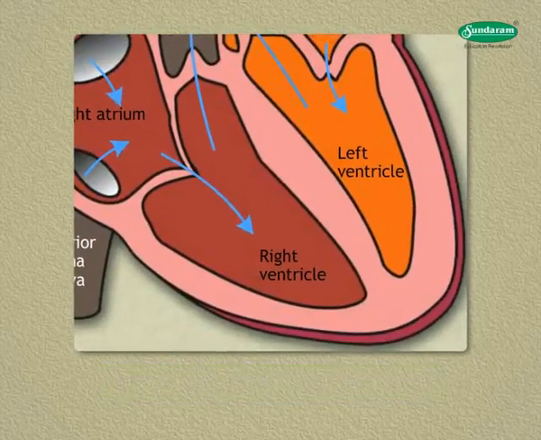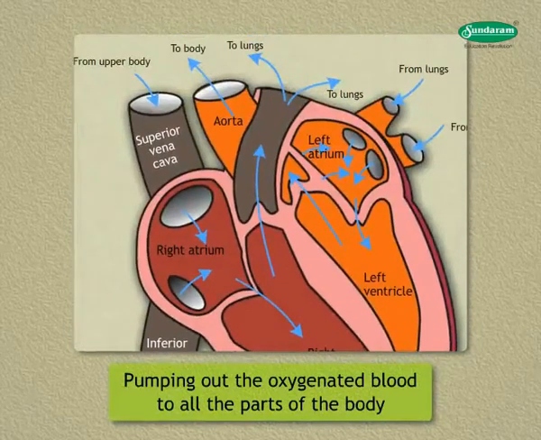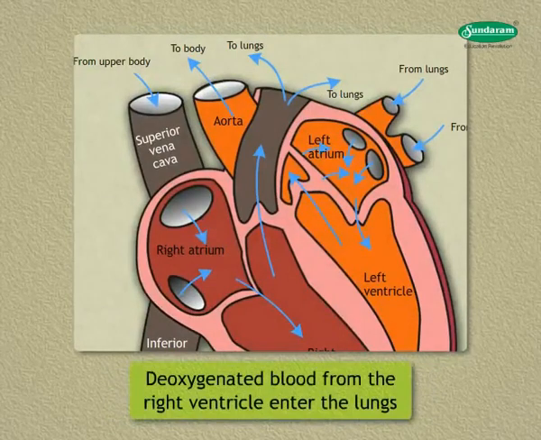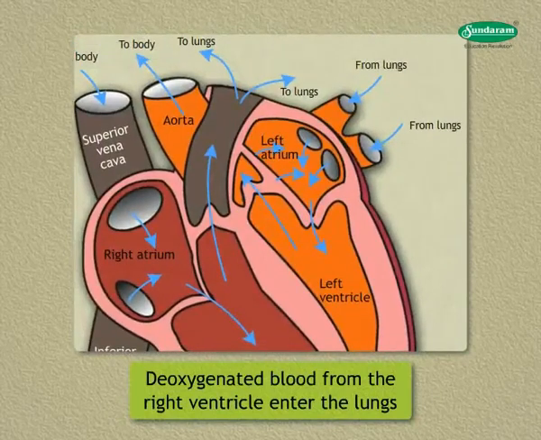Now both the thick-walled ventricles contract, resulting in pumping out the oxygenated blood to all the parts of the body through the aorta, the largest artery, and the deoxygenated blood from the right ventricle enters the lungs through the pulmonary artery for oxygenation.